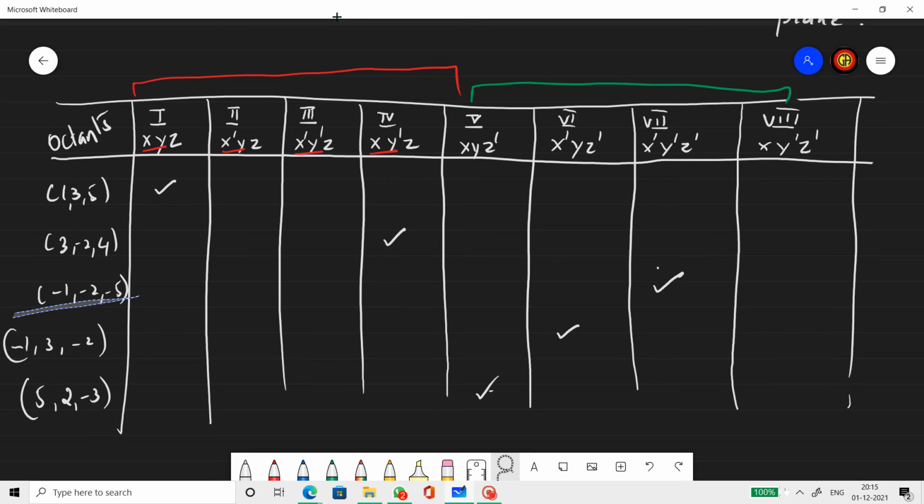Then x negative, y negative, z negative is plotted in the 7th octant. X negative, y positive, z negative will be plotted in the sixth octant. So like that, you will know that these points get plotted in the 8 octants.